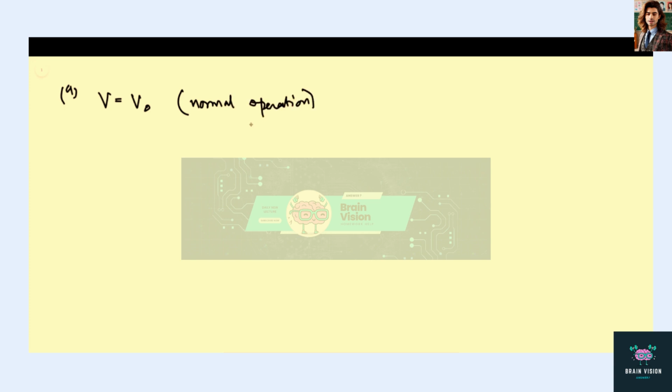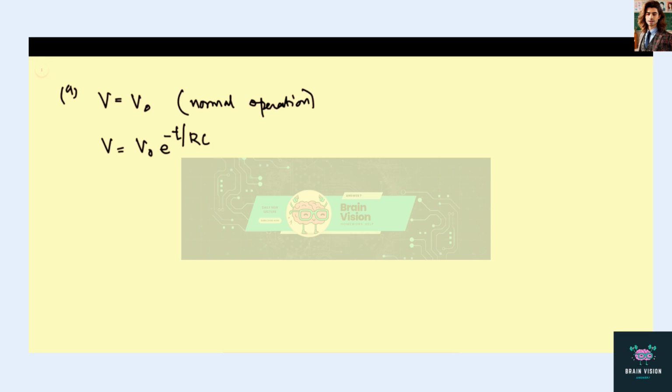Now, if there is an interruption, the capacitor voltage, which is V, will decrease exponentially and discharge. So the equation for the capacitor voltage will be V naught e to the power minus t over tau, and tau here for an RC circuit is R times C.